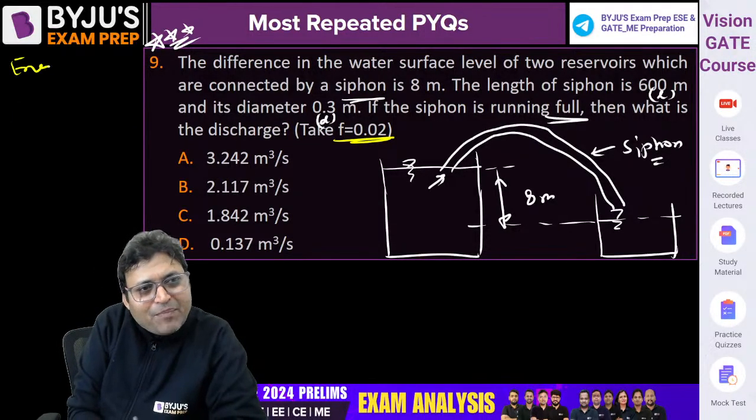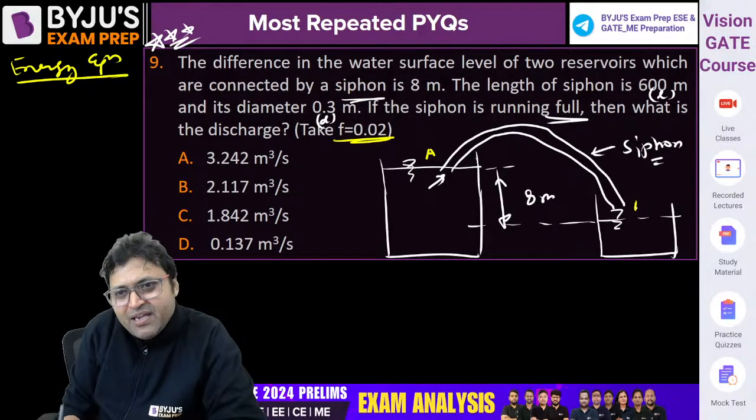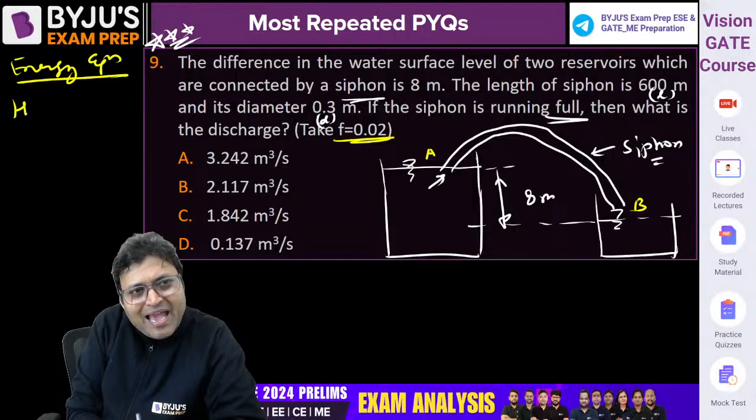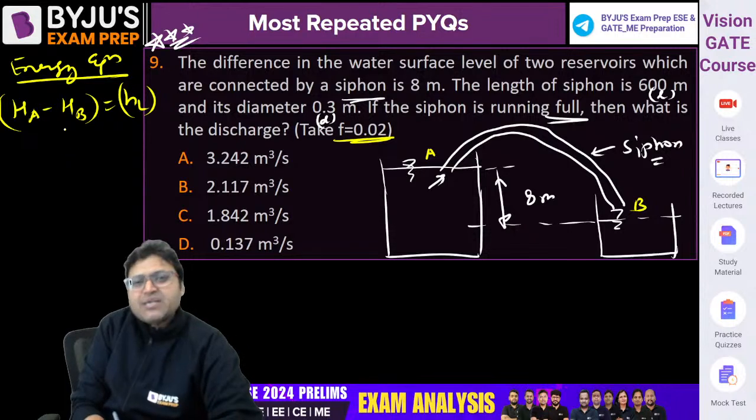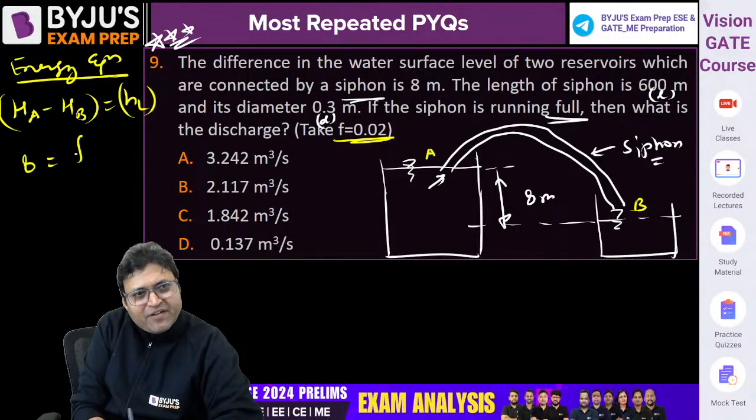If we apply energy equation between A and B, we can say HA minus HB is equal to HL in siphon. HA minus HB is 8 meter. HL in siphon is FL Q square upon 12.1 D to the power 5.